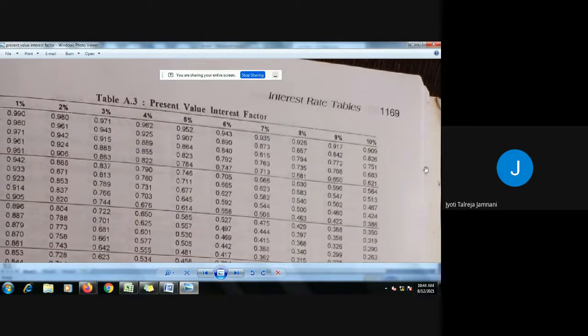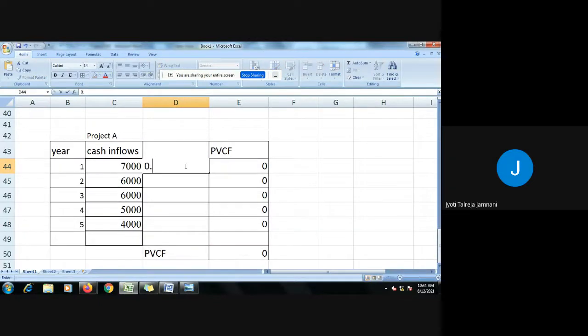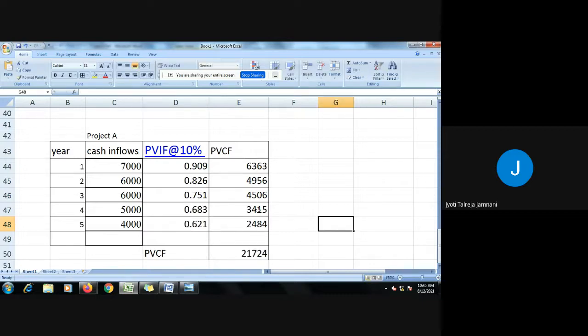For the first year, it is 0.909, then 0.826 for the second year, 0.751, 0.683, and 0.621. So these are the present value interest factors.